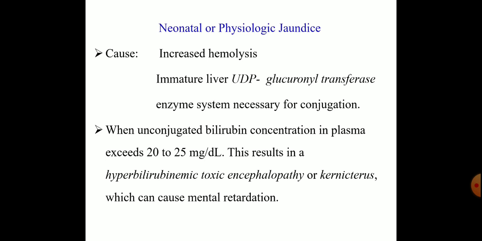In newborn babies there is an immature liver, due to which there is decreased production of the UDP glucuronide transferase enzyme system. Due to this, the unconjugated bilirubin concentration in the plasma exceeds 20 to 25 milligrams per deciliter. This results in hyperbilirubinemic toxic encephalopathy or kernicterus, which can cause mental retardation if not corrected in the early stages.